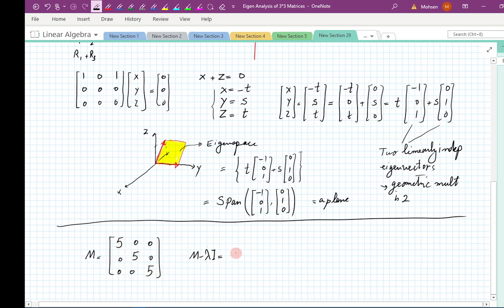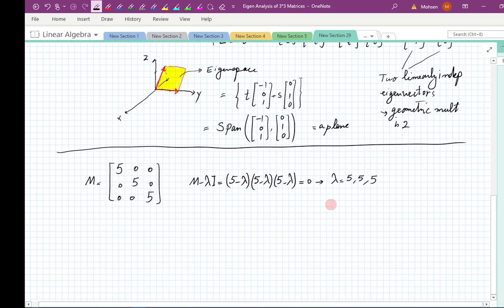M minus lambda is going to be 5 minus lambda times another 5 minus lambda times another 5 minus lambda, and all the other entries would be 0. When you set this thing equal to 0, you recover that lambda is, well, it's either 5 or 5 or 5.